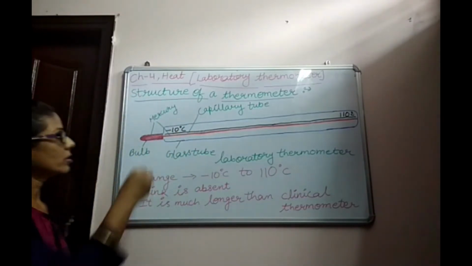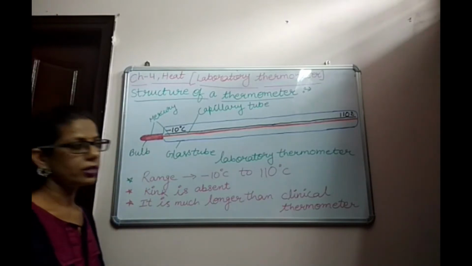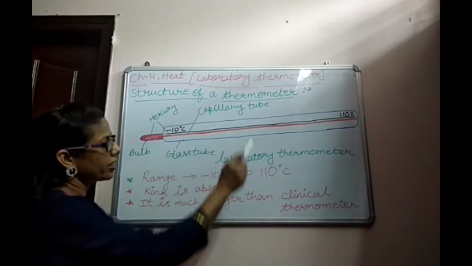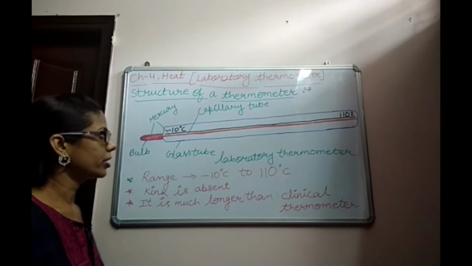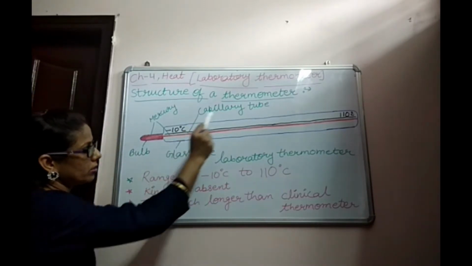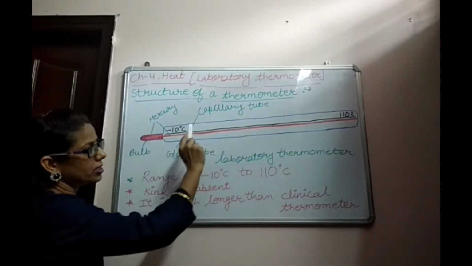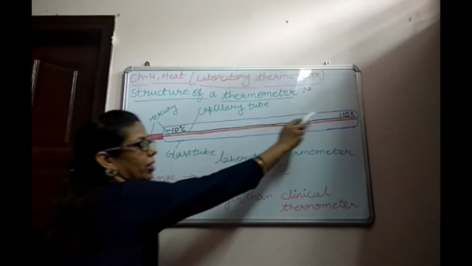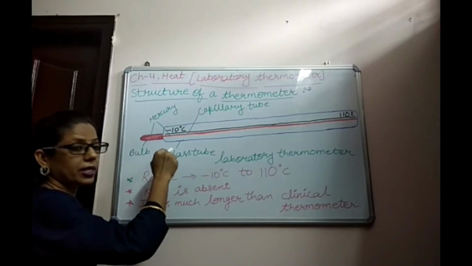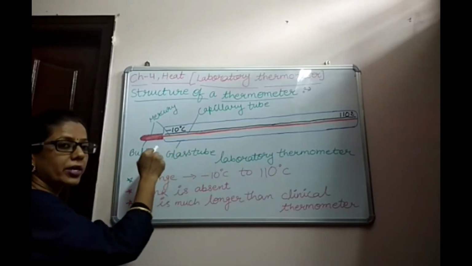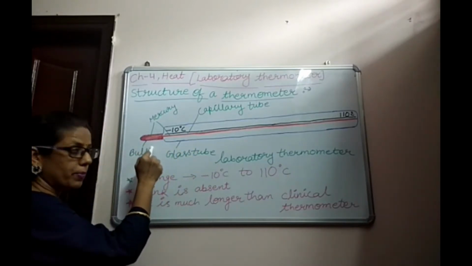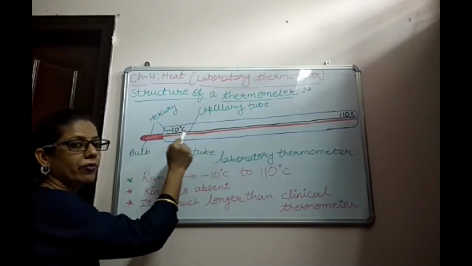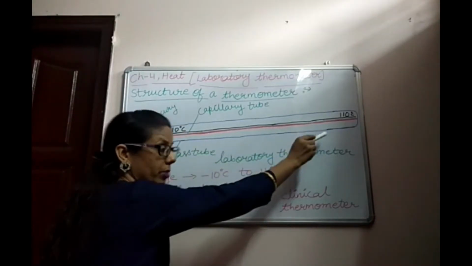Now, the structure of a laboratory thermometer. You can see the structure in the diagram. This thermometer is also made up of a long and narrow glass tube like a clinical thermometer. At one end of this glass tube, there is a bulb. Inside the glass tube, a very thin capillary tube is present.